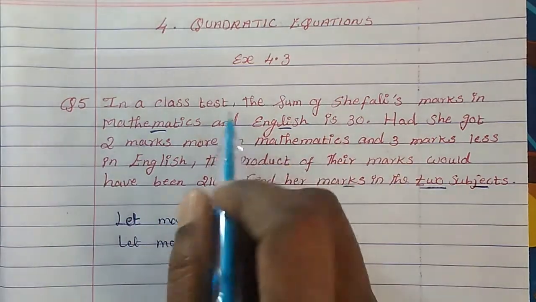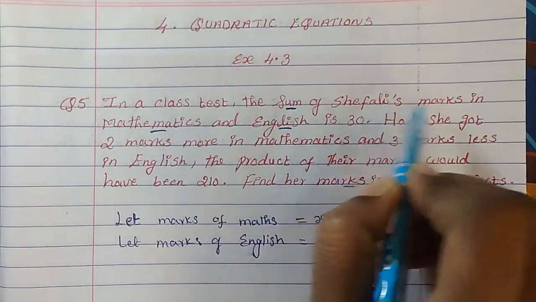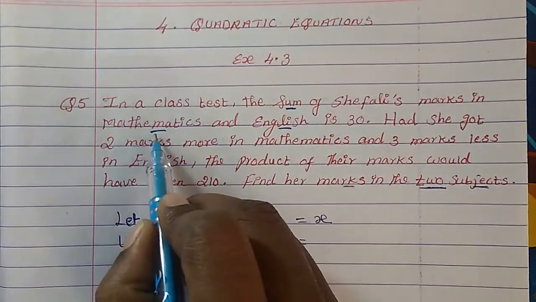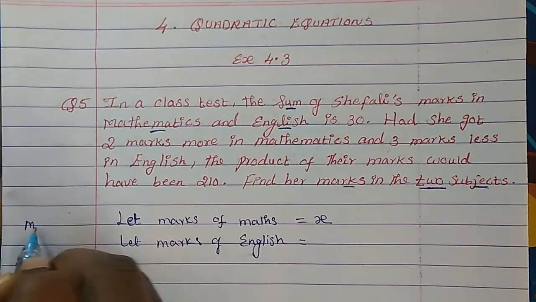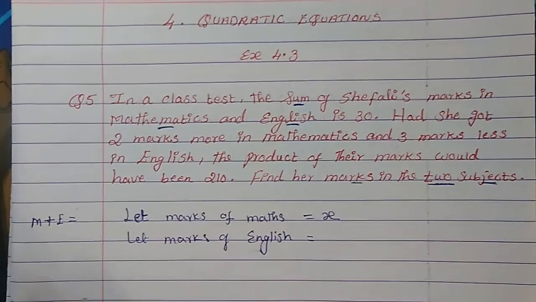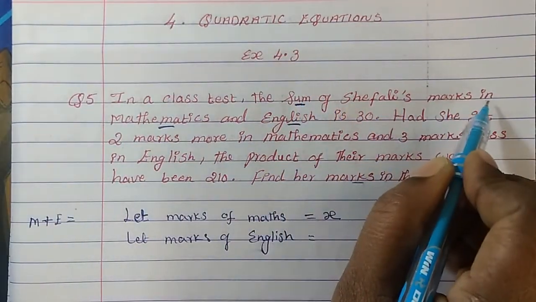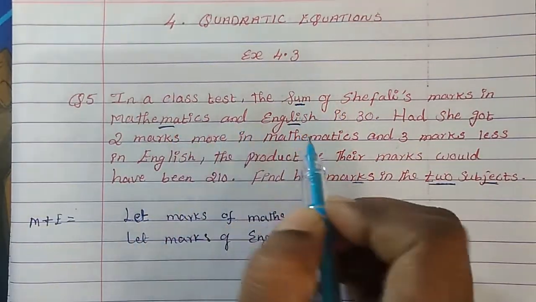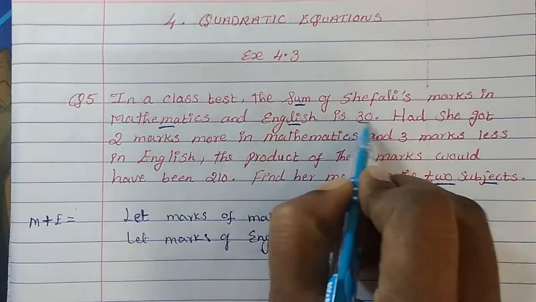Here I'll show you. First, the sum of Shefali's marks in maths and English. Maths and English, sum of it together, it is 30.